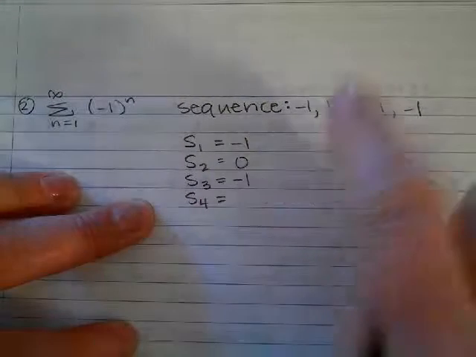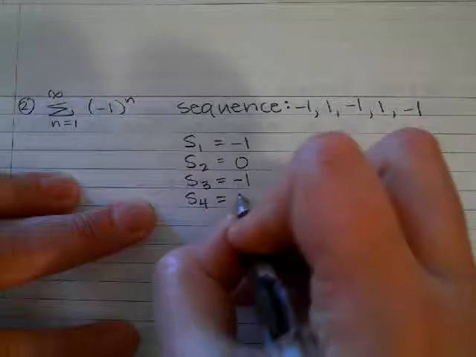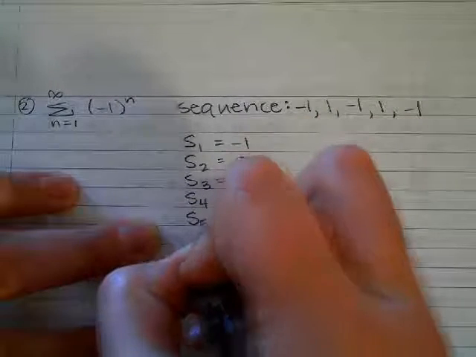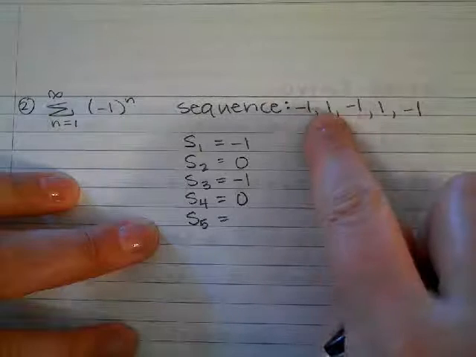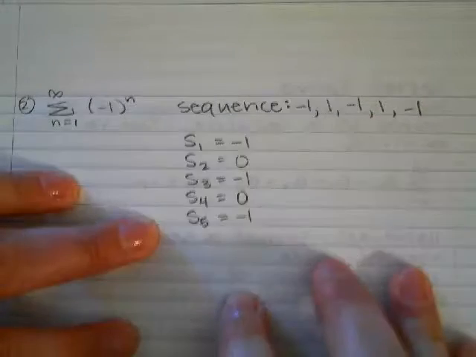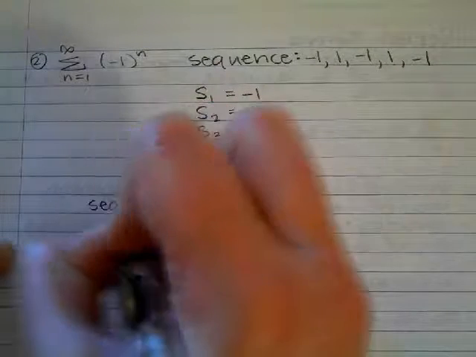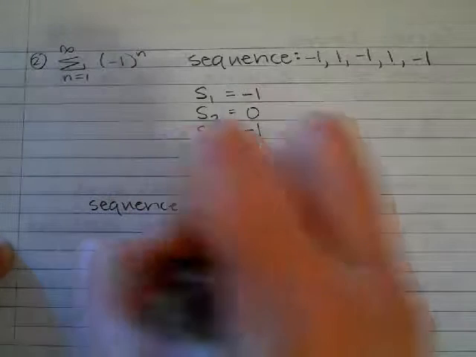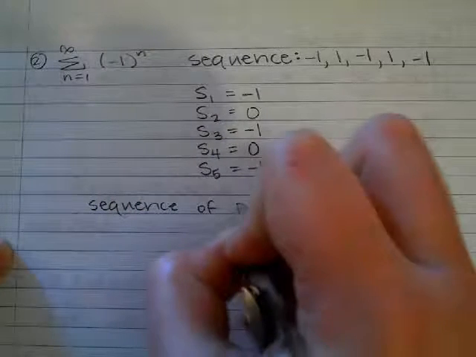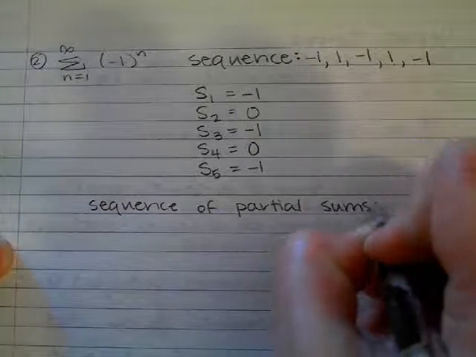What's the sum of the first five terms? Negative 1. Okay. So if we were to write the sequence of partial sums, we would have negative 1, 0, negative 1, 0, negative 1.